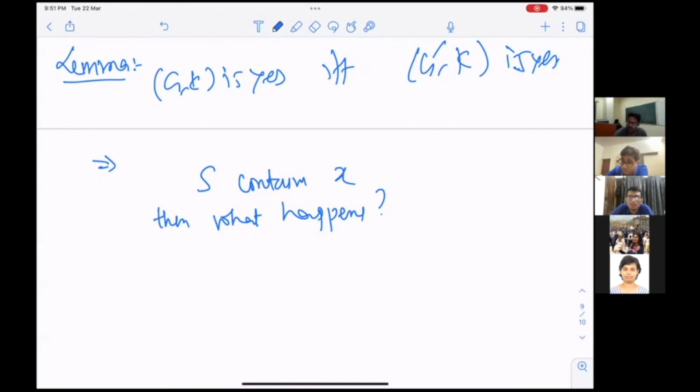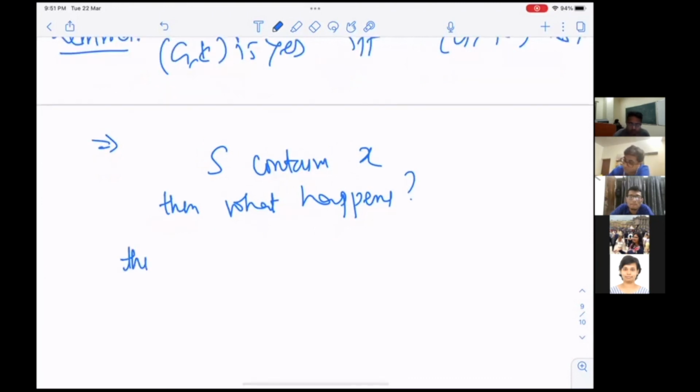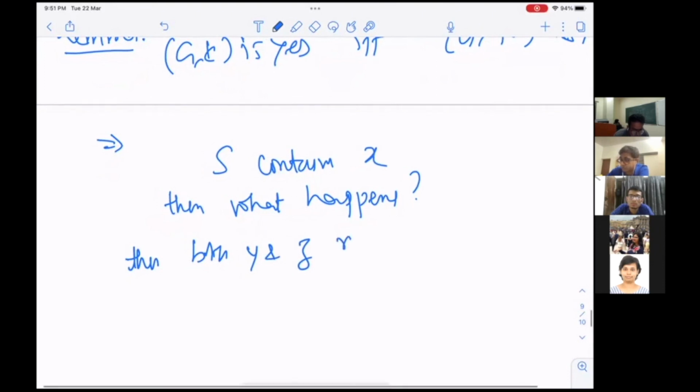Fine. So suppose S contains X. Then what you're saying is that both Y and Z may not be there. Okay, this I can agree with, because if both Y and Z are there, you can get a smaller vertex cover of size K by deleting X. Then whichever one is not there, we can choose that and replace x.